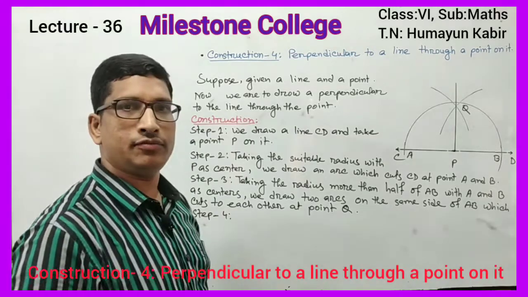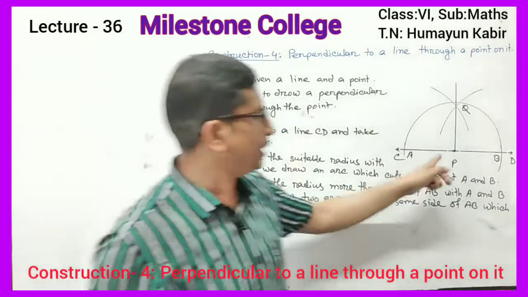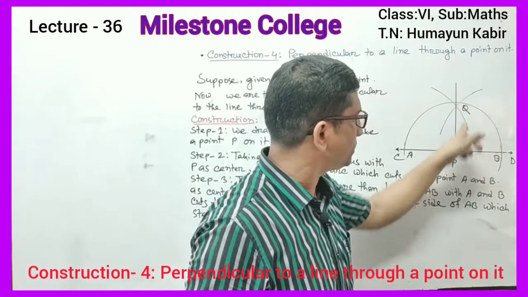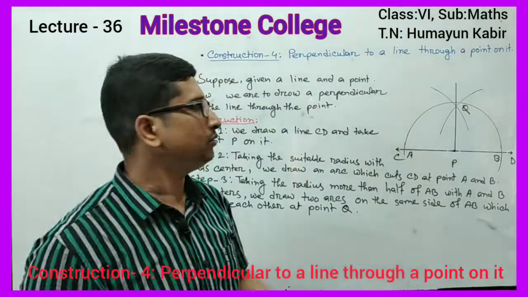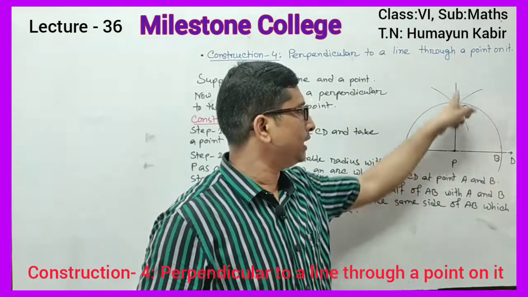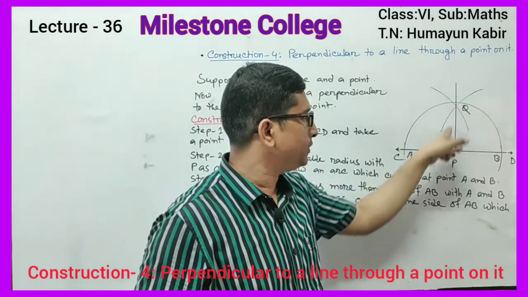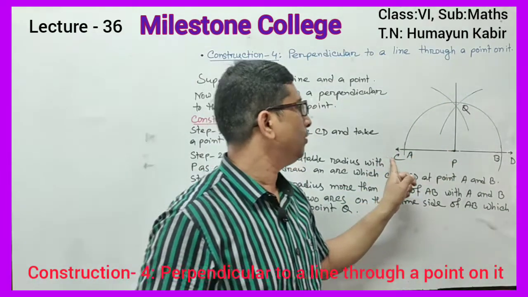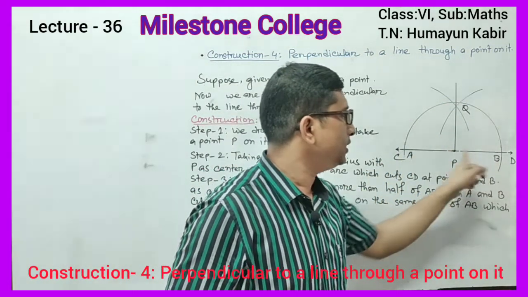In our step 4, what will we do? Here we will add P and Q. Then we will get the line segment PQ, and this PQ will be the perpendicular on the CD line.